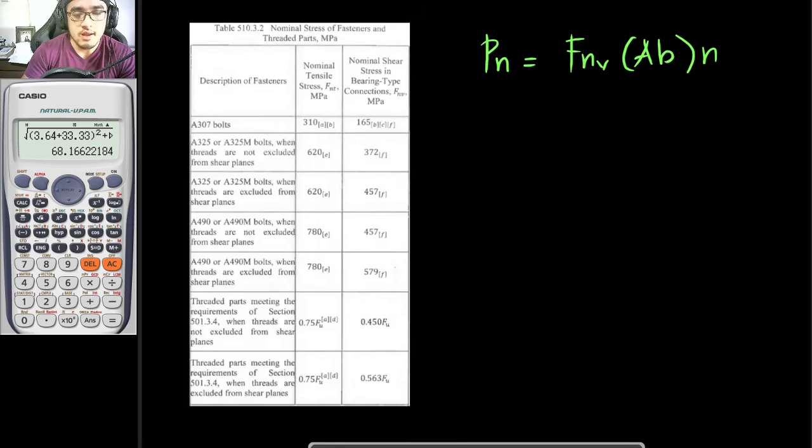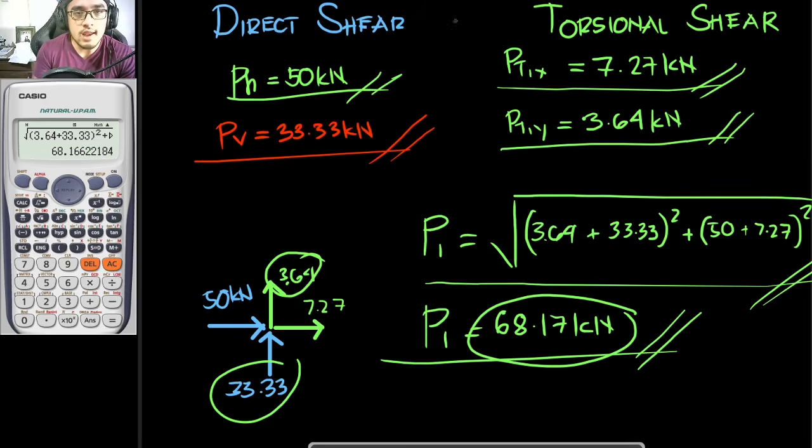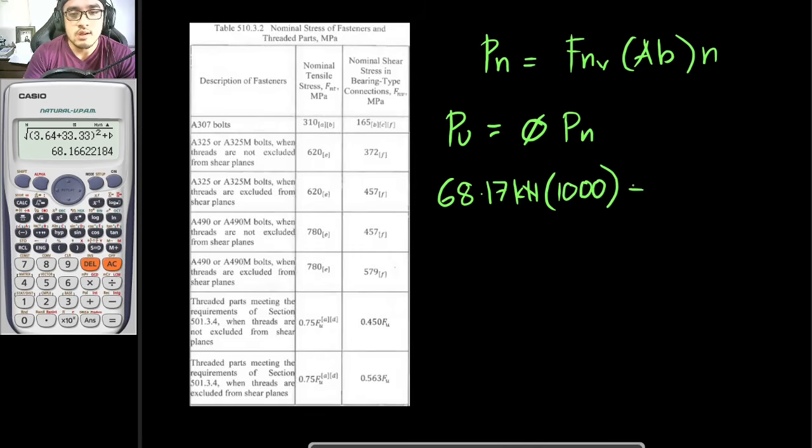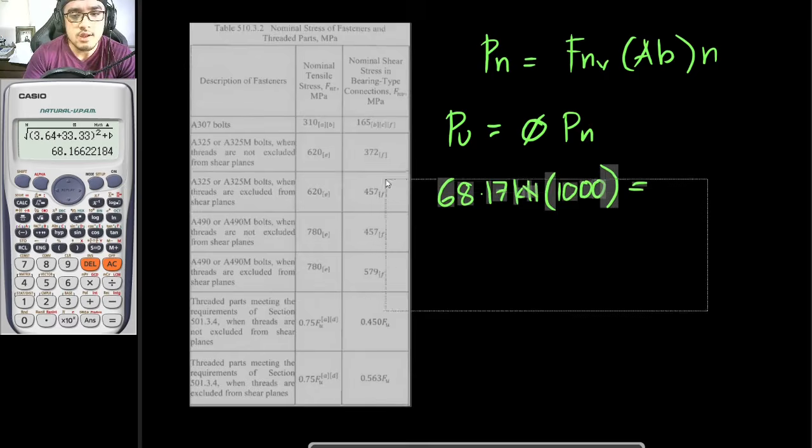From that, what we should use is Pu equal to phi Pn. And our Pu for this one bolt right here is 68.17 kilonewtons, times 1,000 to make it newtons. So this is equal to phi Pn, and we are running out of space here, so I will just move it.